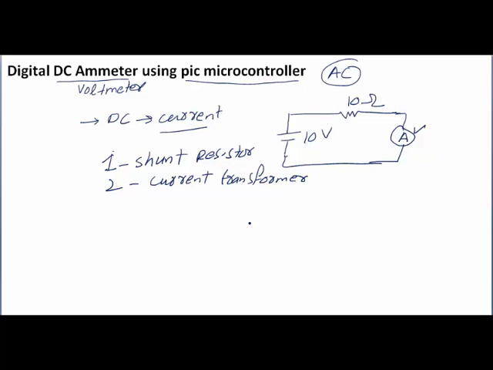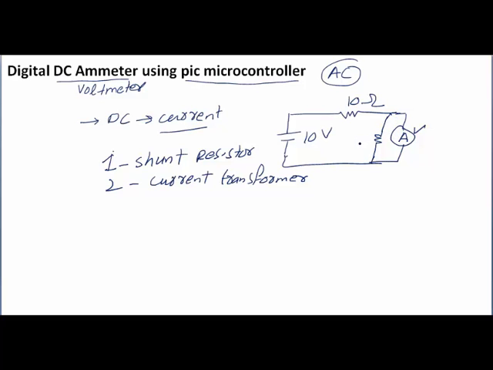In the case of shunt resistor, you simply connect a shunt resistor of very small value in the circuit, and you measure the voltage across this shunt resistor, as you can only measure voltage with the help of a microcontroller.